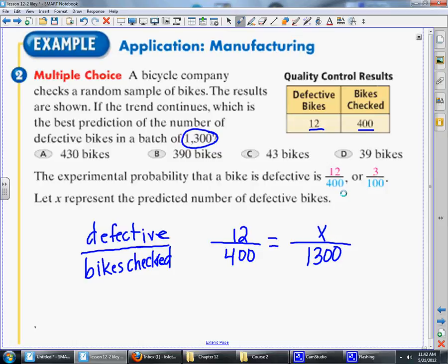So we're going to cross multiply. 400x equals 12 times 1,300. I have to use my calculator for that, which is 15,600.